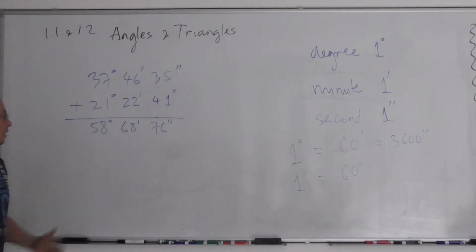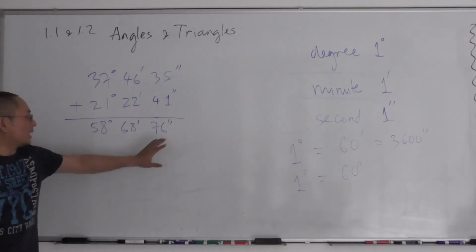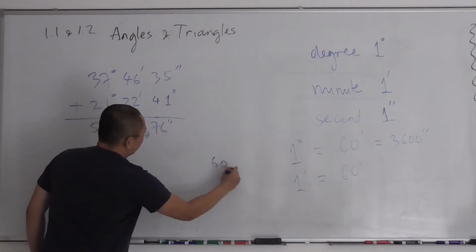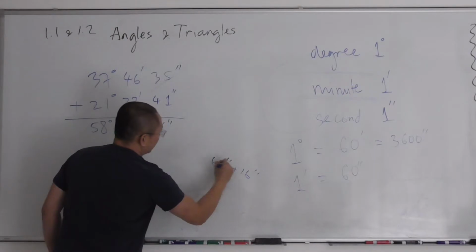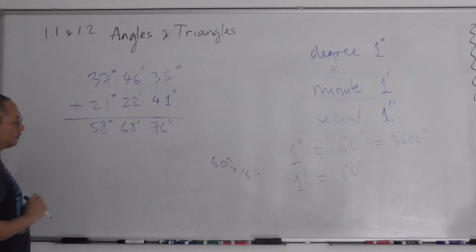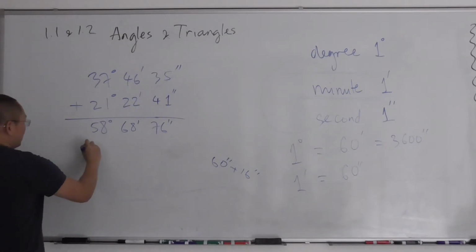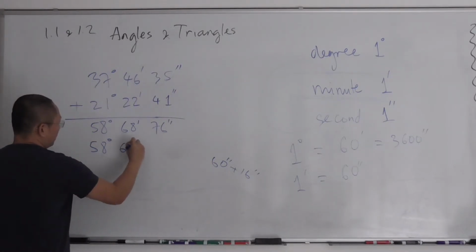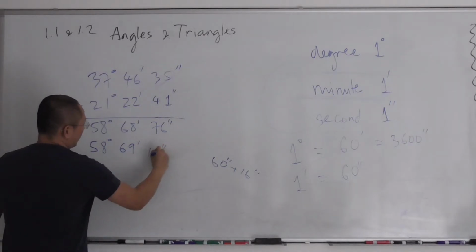Now we have to simplify our answer. 76 seconds is 60 plus 16 seconds, so this 60 seconds will become 1 minute. So this is 58 degrees, 69 minutes, and 16 seconds.